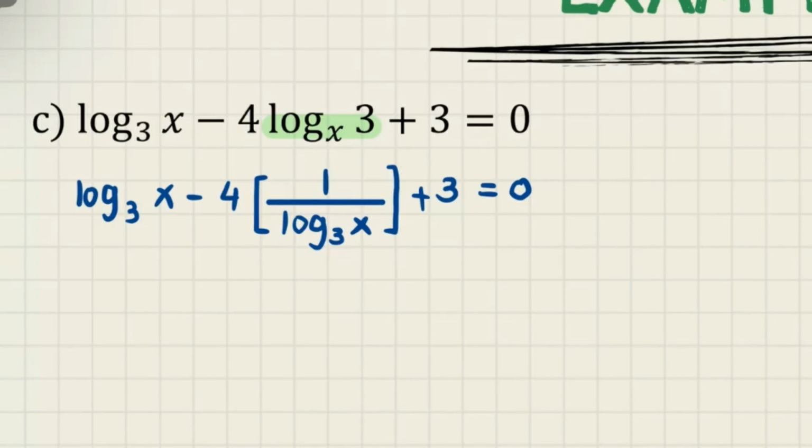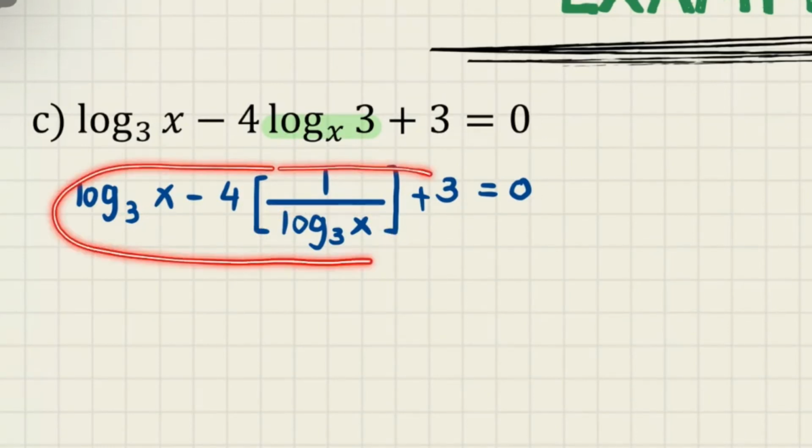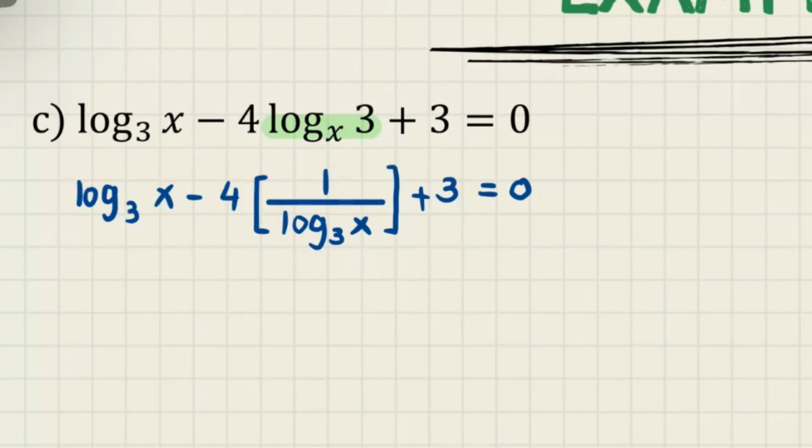Kemudian kita nak hilangkan denominator ini. So nak hilangkan denominator, ada dua options. First kita akan samakan the whole equation here dengan denominator dia, ataupun kita darabkan the whole equation here with log of base 3x.